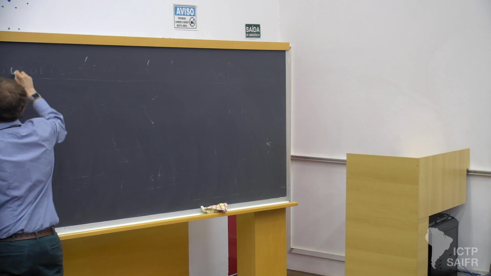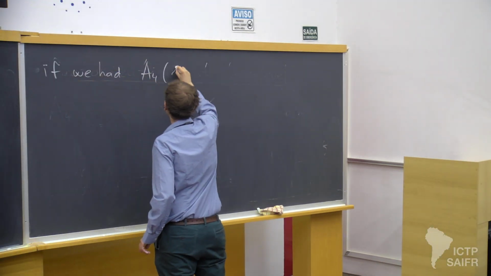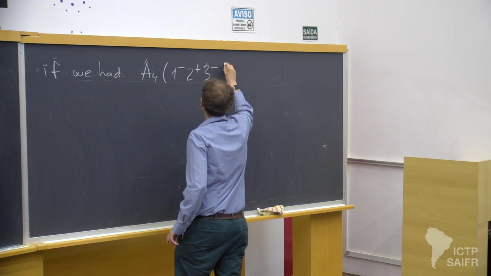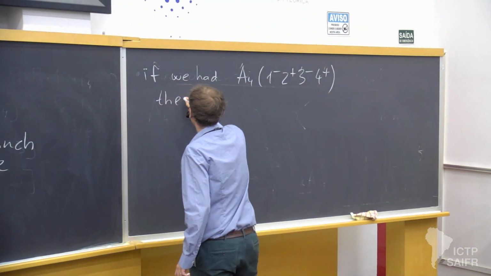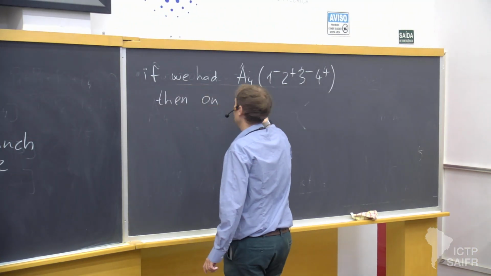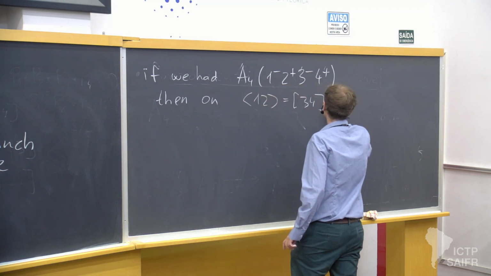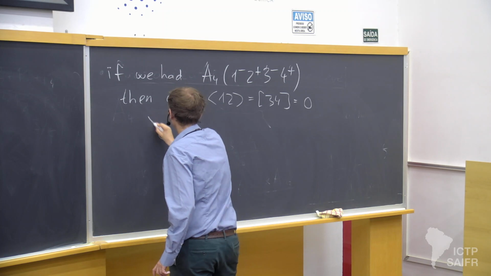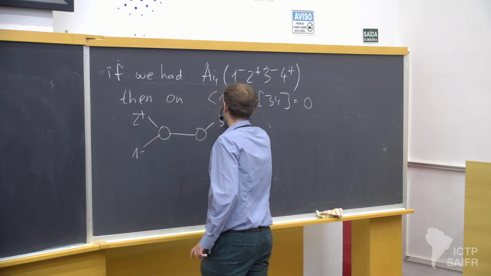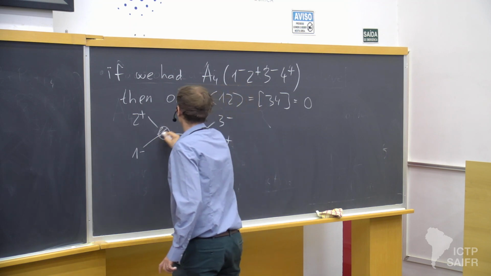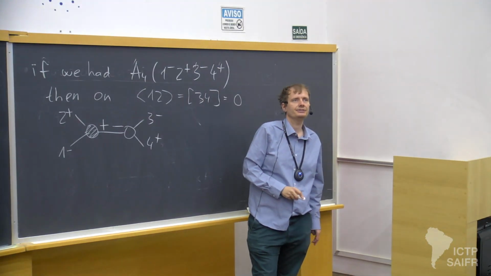So if we had that, then on 1, 2, 3, 4 is 0, we could do it. We just have to put plus here and minus here, and everything is consistent.